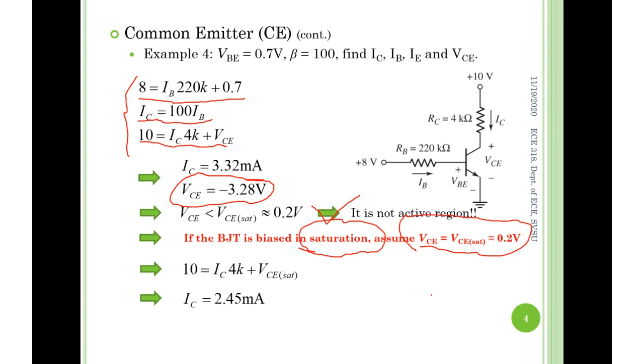In other words, this result is telling you that when the BJT is turned on by this 8 volts, the BJT is feeding this amount of current to this RC, which could be considered as the load.